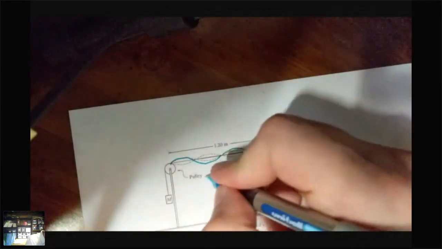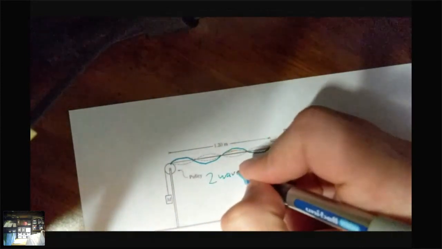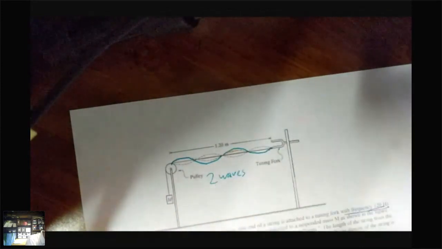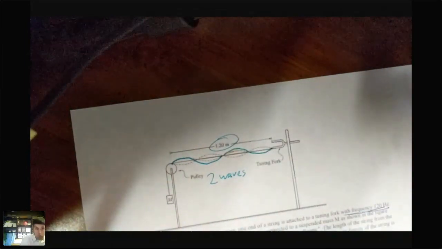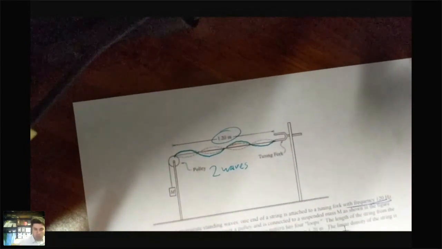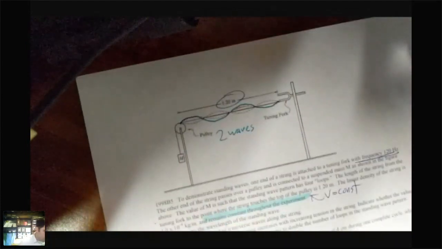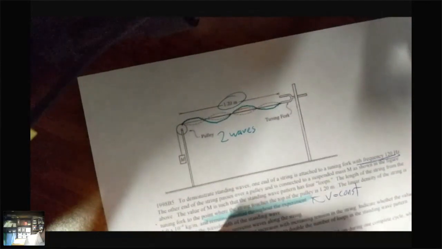This means I have 2 waves in 1.2 meters. If there are 2 complete cycles in 1.2 meters, that means my wavelength must be 1.2 meters divided by 2, or in our case, 0.6 meters.